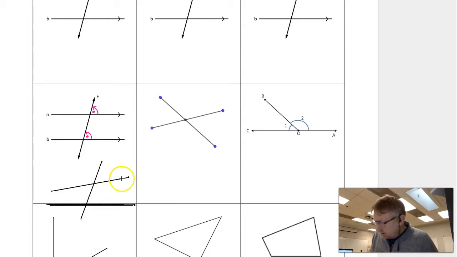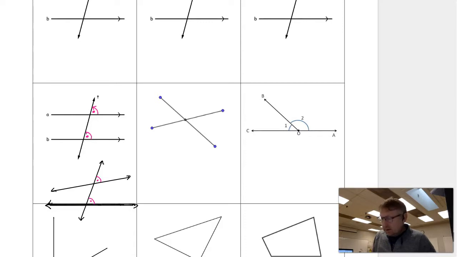Safe to say these 2 lines are not parallel with each other, and then we ran the transversal through them just as well. Arrows on the end, so they indicate that they are lines that go forever. If I try to do this labeling here, I'm sure your guts are going to tell you that angle is definitely not the same size as that angle there.